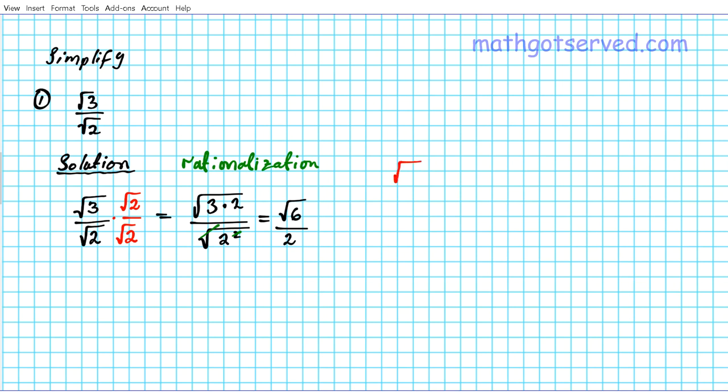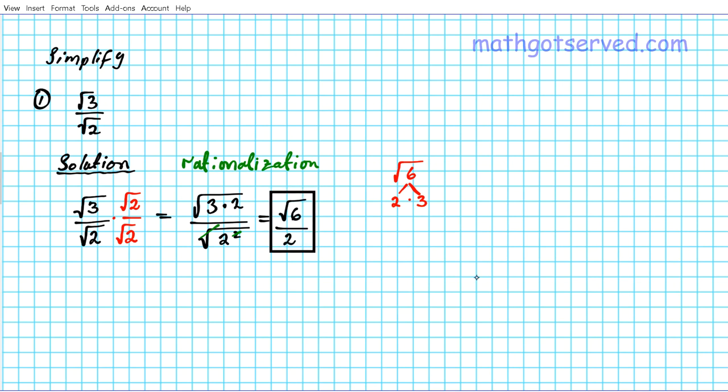We're going to decompose 6 to see if there are any perfect squares hidden there or any factors that repeat. That's what a perfect square is. So 2 goes into 6 3 times. None of these factors repeat. That means that root 6 cannot be simplified any further. Your final answer is going to be root 6 over 2.